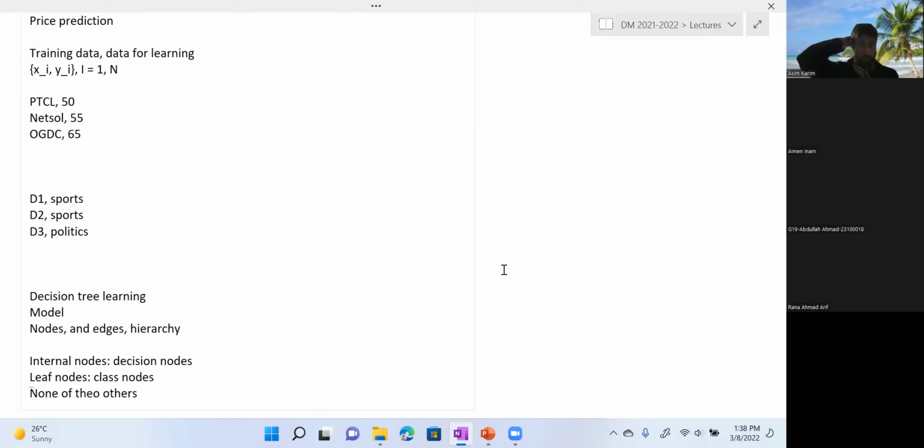Okay, so we will see an example of this next time, and then see how we can learn such a tree. And of course, we will also discuss some more variants of the standard decision tree that are more common nowadays, like the random forest and the boosted decision trees. Okay, so I think I will stop here.